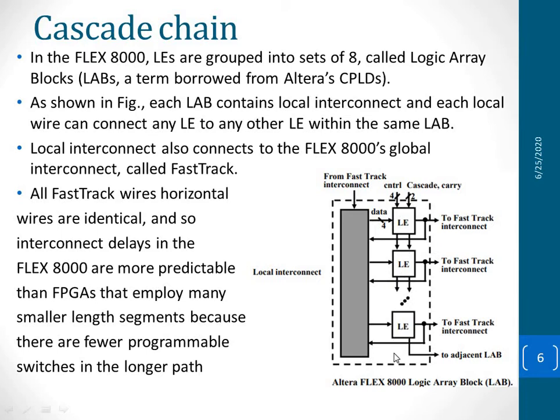Likewise, we have a group of logic blocks, and we have a fast interconnect, which connects one logic block with another logic block, or from another logic array block to this logic array block. That can be done with a fast interconnect. So in one logic array block there can be a minimum of 8 logic elements, or a set of 8 logic elements.